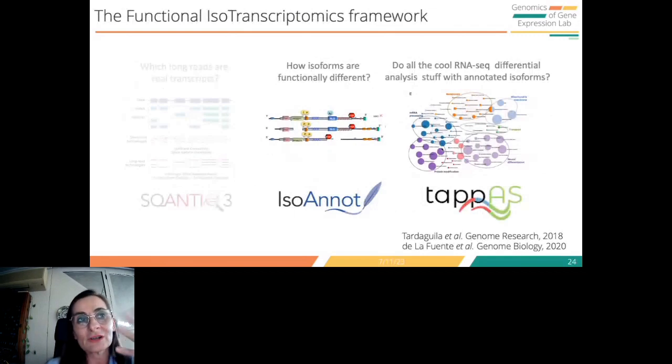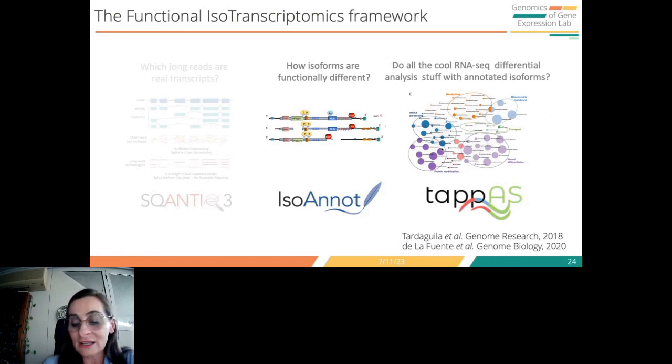But once you have a procedure in which you are happy with your transcript models using the long reads, of course, the question that we also wanted to ask is, what does it mean in terms of functionality and biology? And here I will be presenting some of the results of the lab using IsoAnnot and TAPAS.